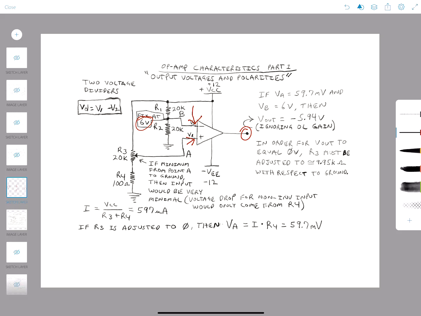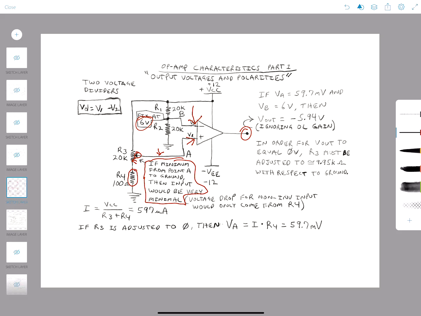All right, if we have this adjusted to minimum from point A to ground, then the input would be very minimal. Meaning that if this pot is adjusted all the way down to this point right here, all this line is feeling is what's coming across this resistor.